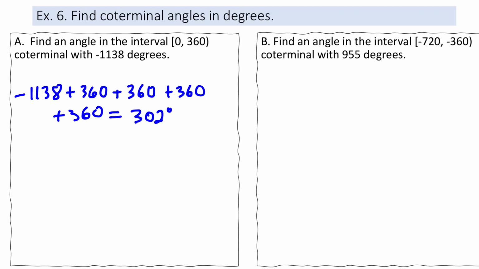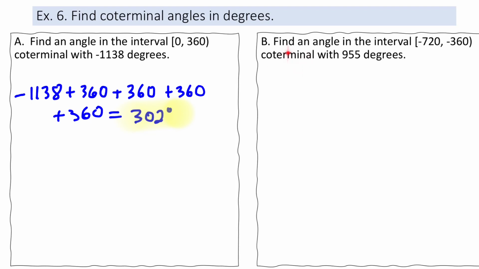So I had to add 4 revolutions, 1, 2, 3, 4, to get my angle up into this positive range here. So 302 is definitely between 0 and 360. So that would be my coterminal angle that fits this requirement. It has to be in this range.